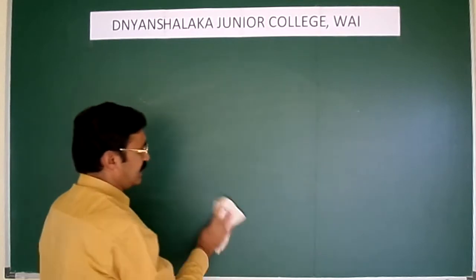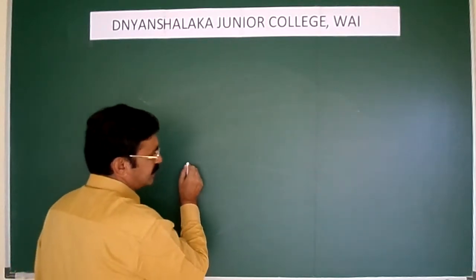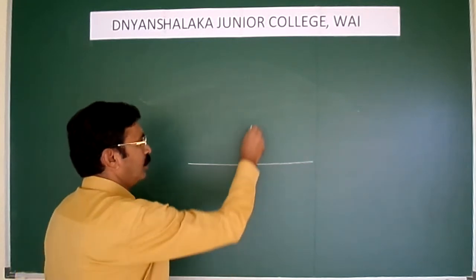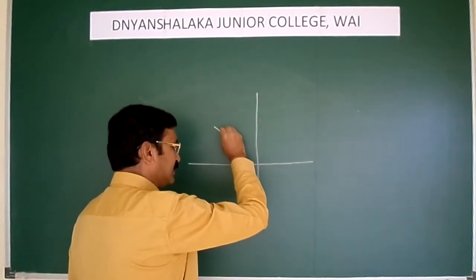When a motorcyclist rides his motorcycle on a curved horizontal road, usually he leans.